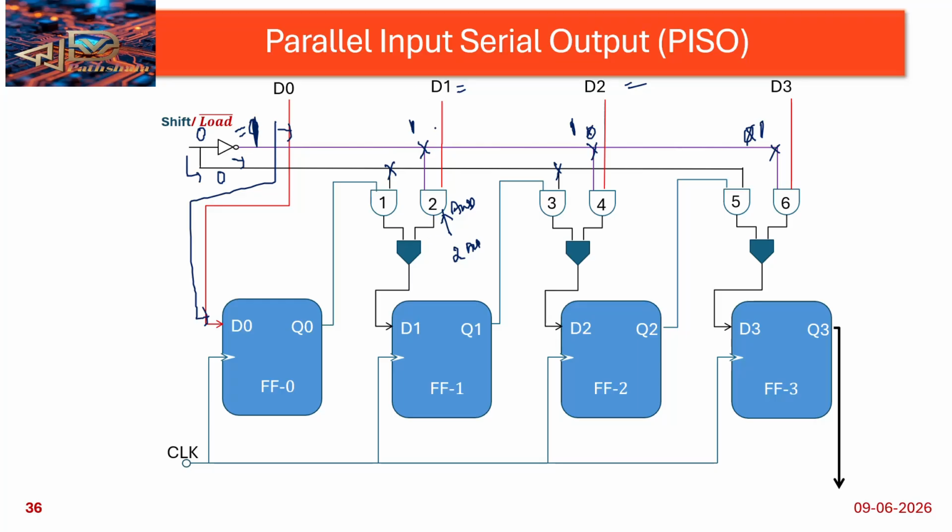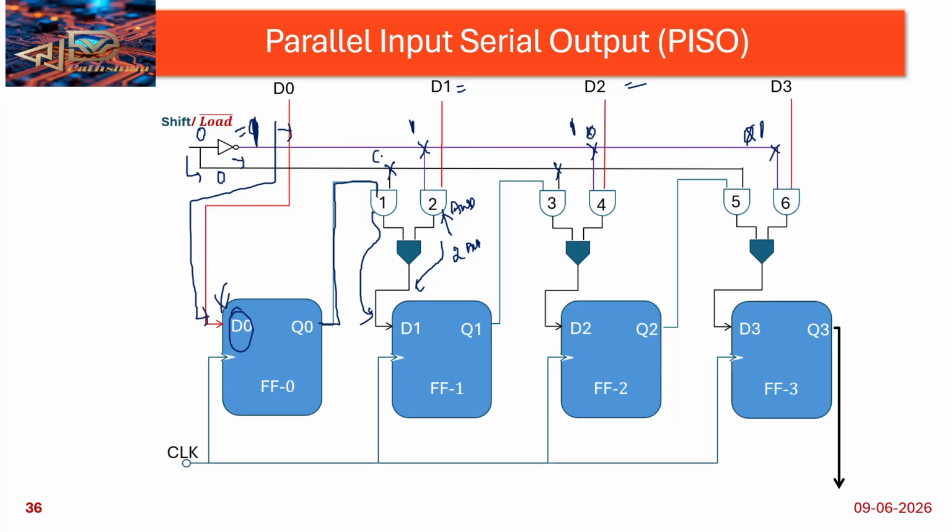What am I getting from this second AND gate output here? D0 is directly given to Q0, the output of the Q0 flip flop F0. D0 is given directly. Okay, that does not depend upon any AND gate operation. And then this output is given to here. Okay, it is moving the data, so that is shifting the data or loading the data, that is the main concept here.